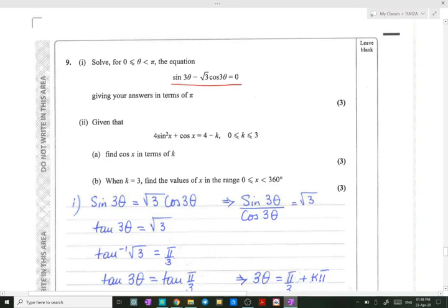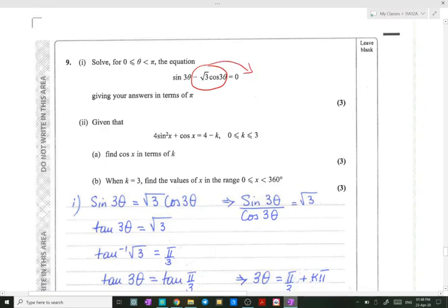First, in order to solve for theta, we need to have the function either in sine form, cosine form, or tangent form. So we start by taking this to the other side.